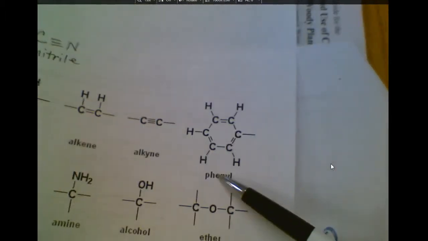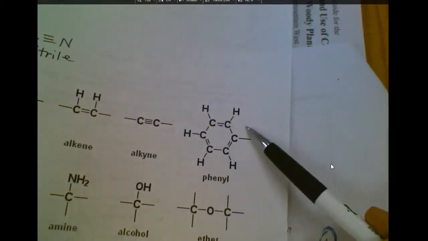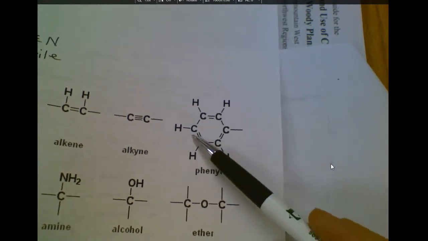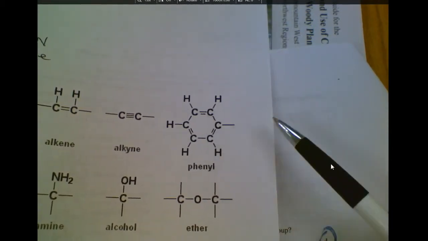And if I'm looking at my other groups with the double bonds, as I see here, if you look on your sheet up here, you can see that right here a ring with a double bond alternating with a single bond is a phenyl group.